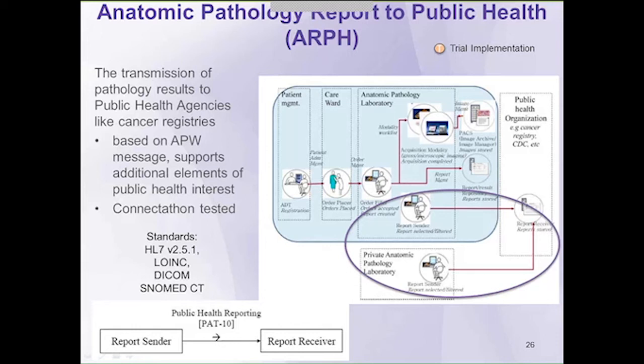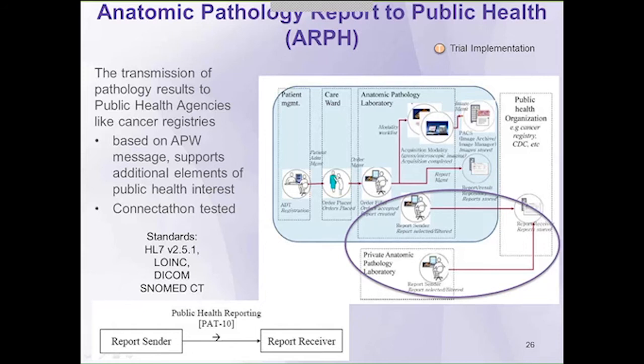Today, in our glass slide and microscope-based mechanisms at most hospitals, they might be utilizing electronic health records and lab information systems, but the transfer of information still contains many manual steps. And the hope is with profiles developing, such as ARPH, that much of this work can be automated and there needs to be less human intervention moving forward.